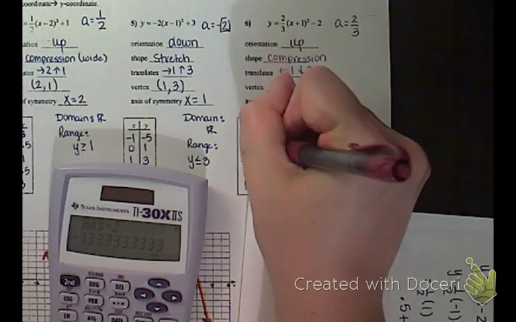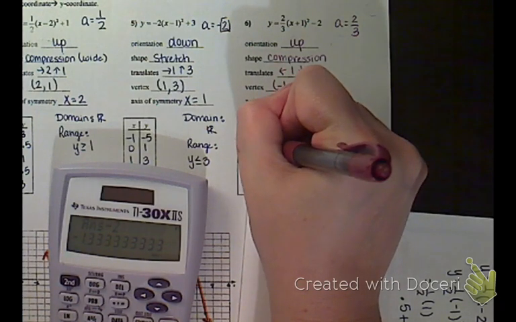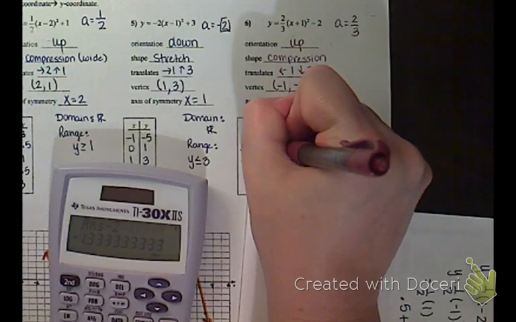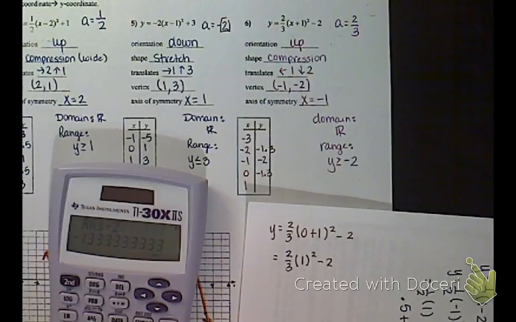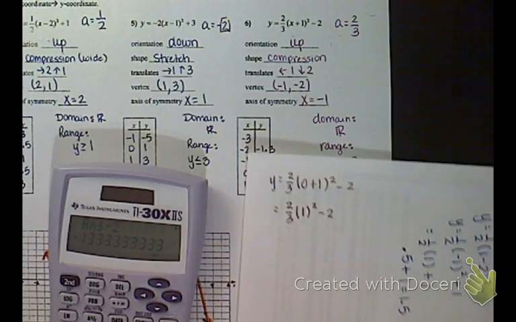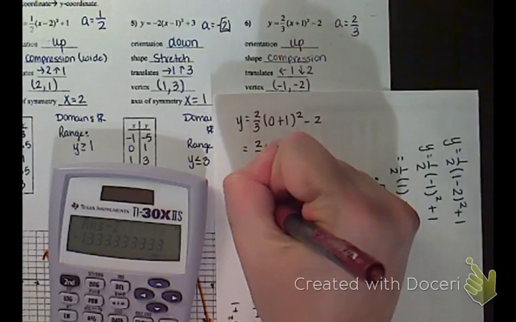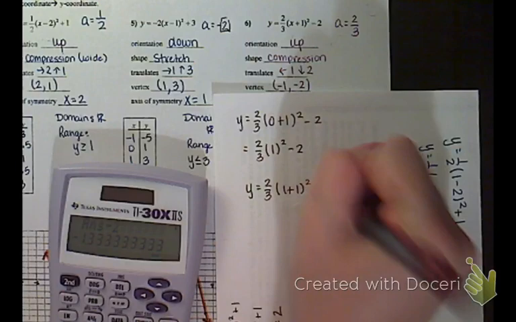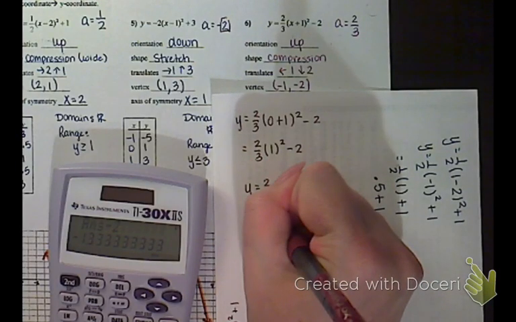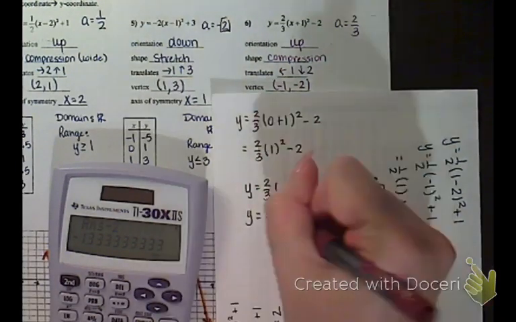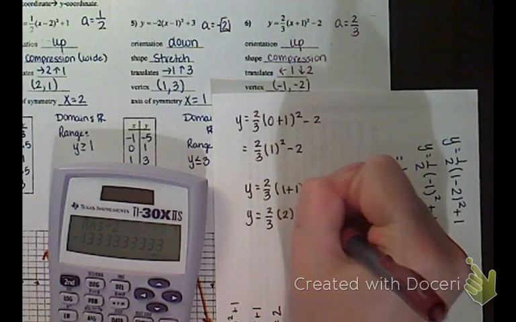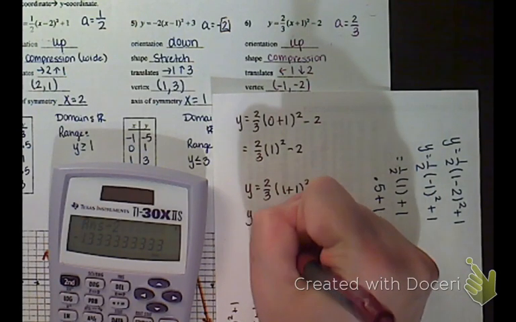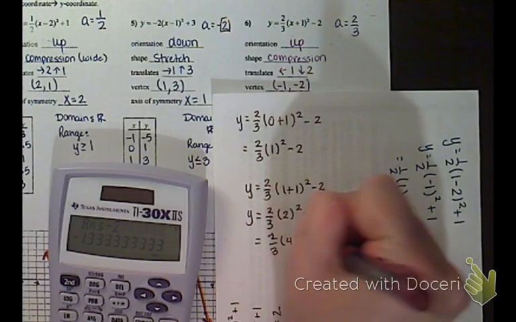You don't need to get all fancy and keep it as a fraction. You just need to be able to graph it. Okay, so we're going to put a -1.3. I'm going to also plug in 1. So 1 plus 1 is 2. 2 squared is 4.